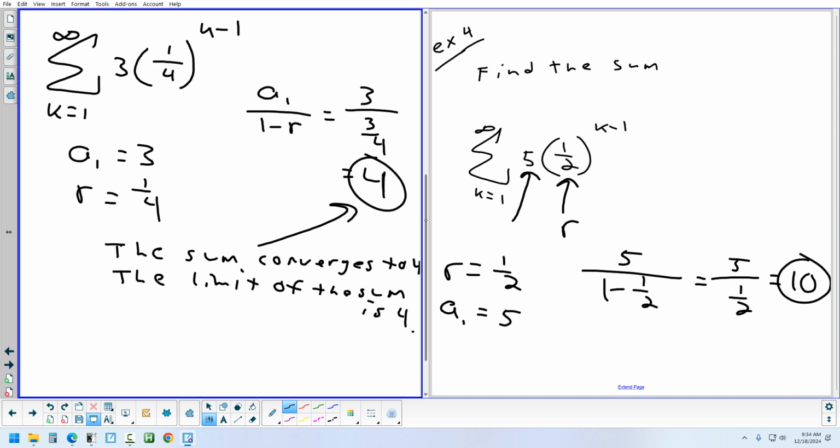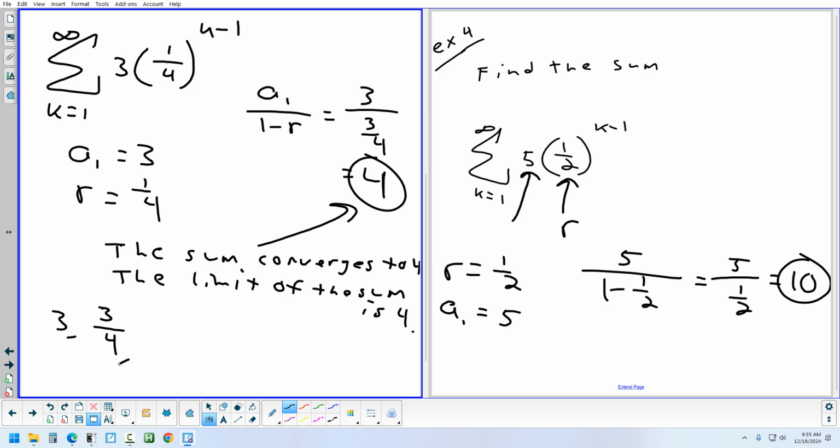All right, let's write out a few terms, because I want to look at one more thing with this, and then we'll be all done. So the first term is 3. We already did that. Let's plug in 2. What's 2 minus 1? 1. What's 1/4 to the first power? And what's 3 times 1/4? 3/4. Let's do one more. We did 1, we did 2, let's do 3. What's 3 minus 1? 2.